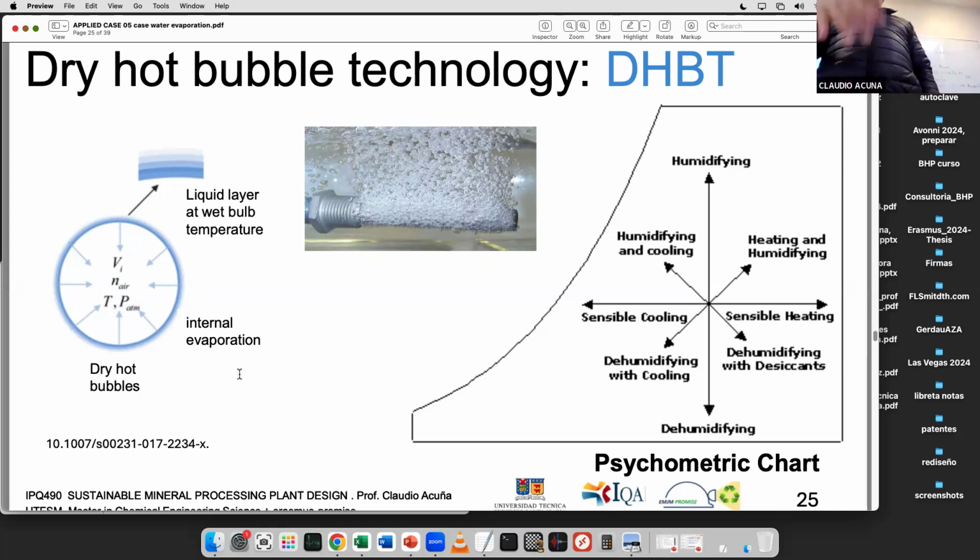We will see that. I have links to play with the numbers and with the psychrometric chart. You want to understand that we're using a special capability of the air to retain water, and we're using our experience and knowledge in generating bubbles. We are specialized in everything regarding bubbles.